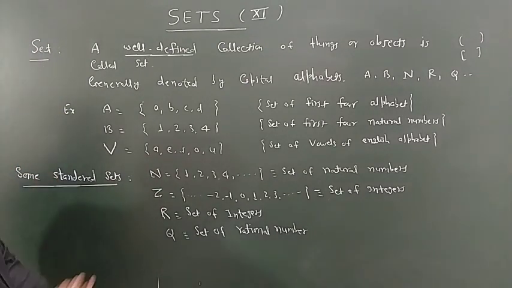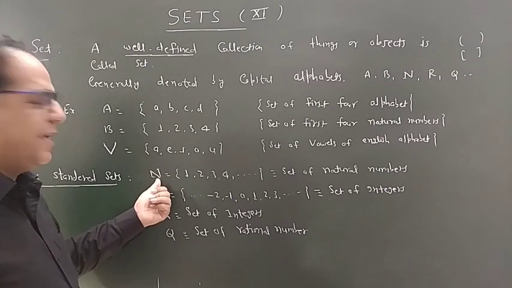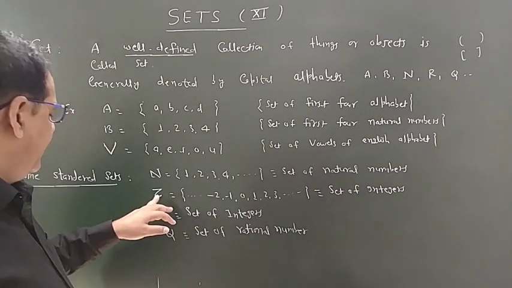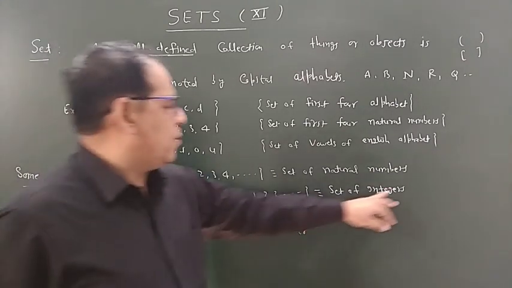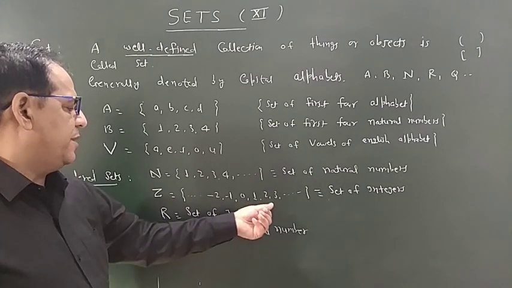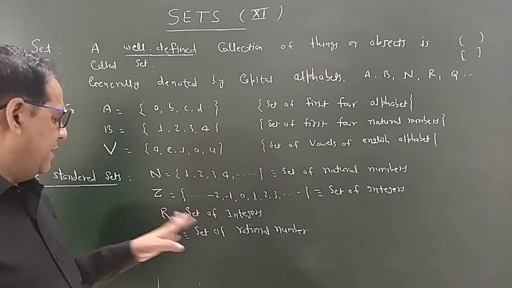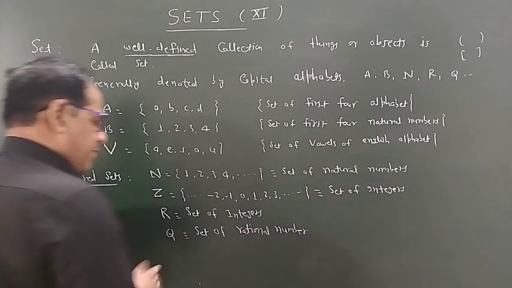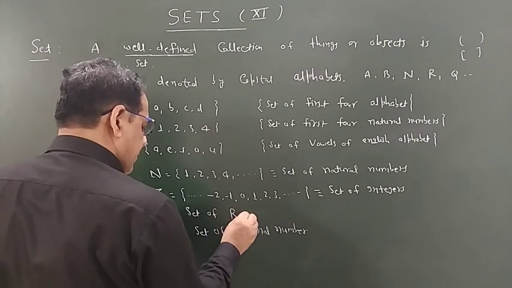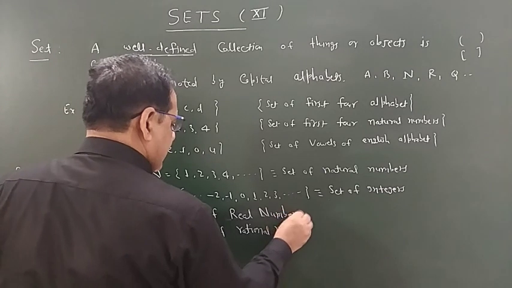Some standard sets which are used in mathematics. Capital N, set of natural numbers 1, 2, 3, 4 up to infinity. Capital Z, set of integers, containing all the numbers with positive and negative sign, including 0 also. Capital R normally indicates the set of real numbers.